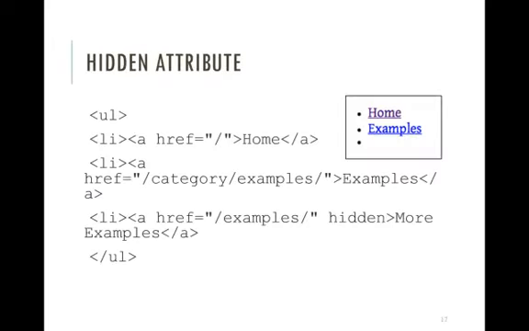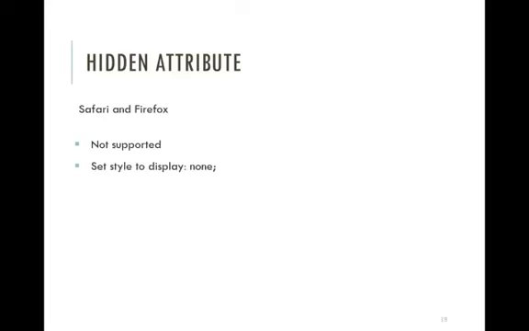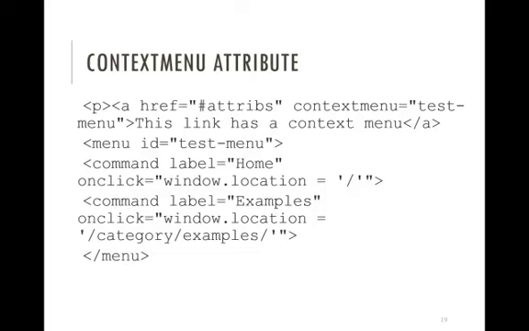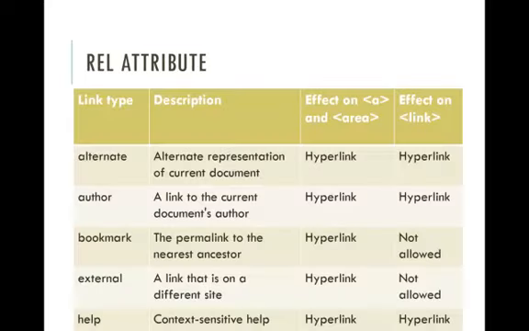We also have what's called hidden attributes. In Safari and Firefox, hidden attributes are not supported, so you want to set your style to display none. We also have the context menu attribute.